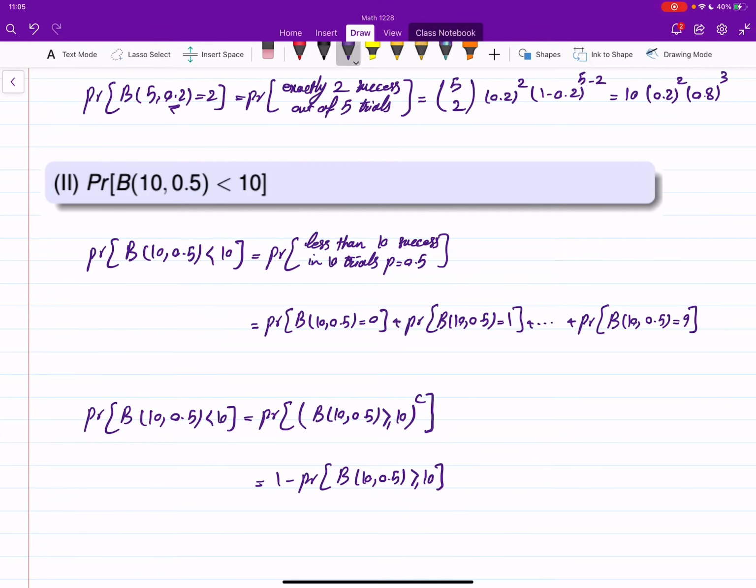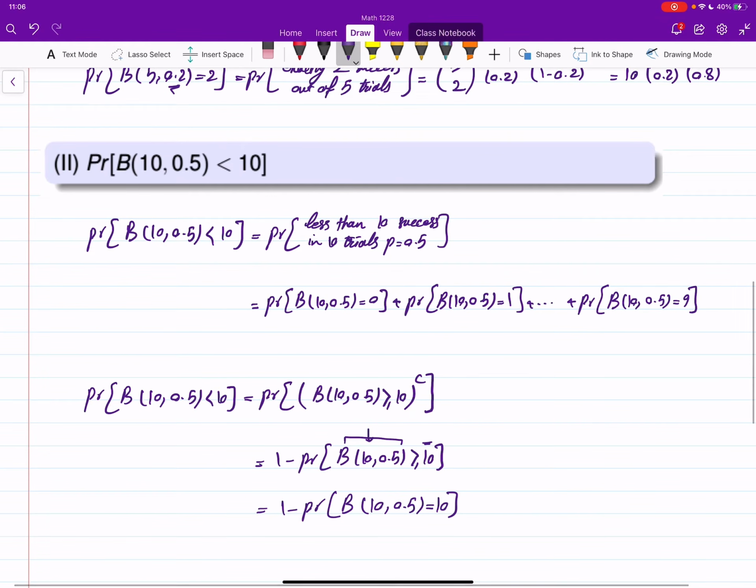But remember that the number of successes in n trials can be at most 10. So this is the same thing as writing the probability of B(10, 0.5) must be equal to 10. Because if you have 10 trials, the number of successes cannot go beyond 10.